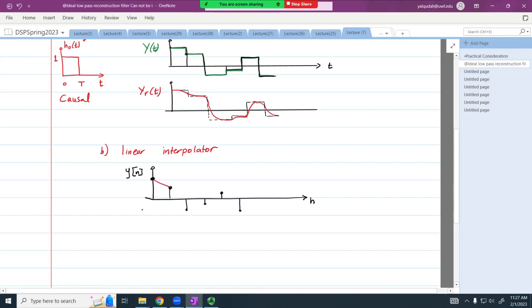So it's going to connect like this, and therefore convert these impulses into a continuous time signal. Does that make sense? So this red signal is YR of t. So this will connect samples with straight lines.